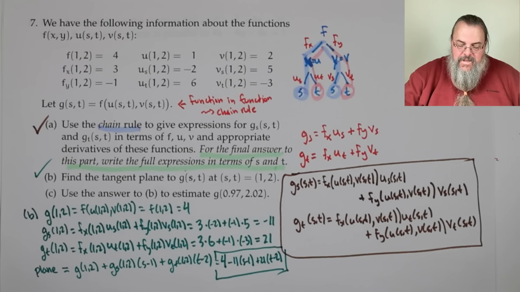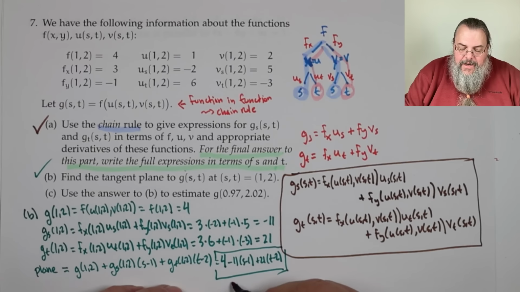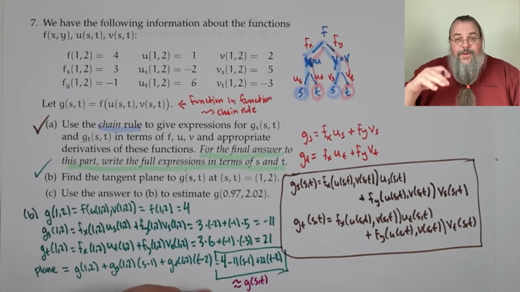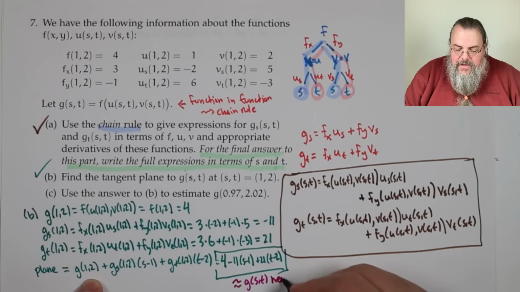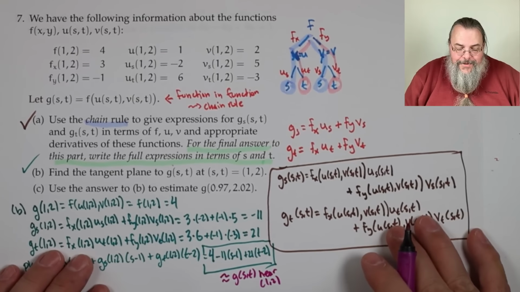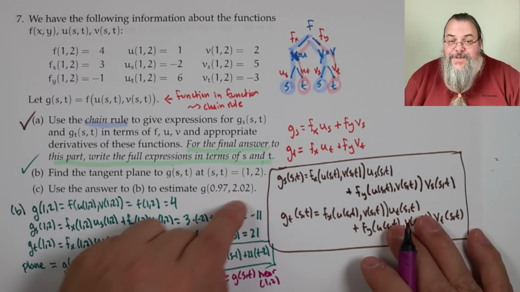Okay. So the last part, well, we say, hey, this tangent plane isn't just a tangent plane, it's a good approximation. So this is approximately g of s comma t. Now, it's only good near the point of tangency, near the point 1, 2. Well, hey, wouldn't you know it? That is near 1, 2.